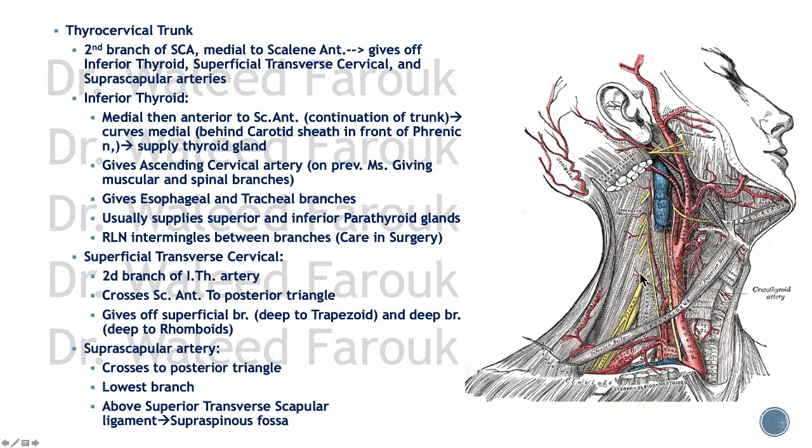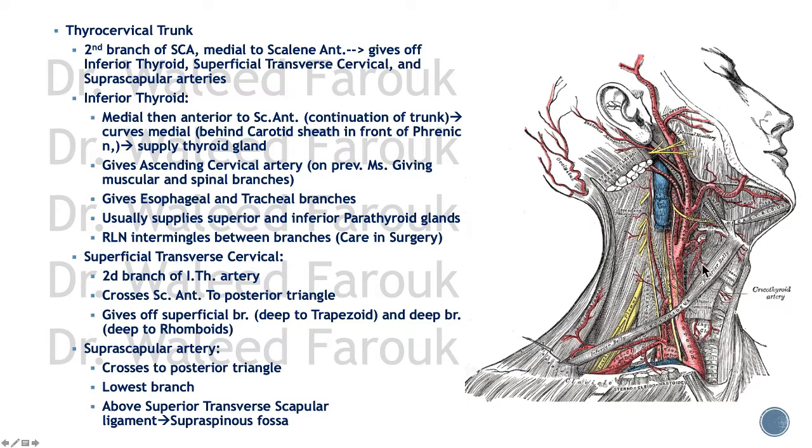This is very important. Always be careful in the surgical field not to cut important arteries that may put the patient in permanent hemiplegia, for example. So it gives off, we said, tracheal, esophageal, ascending cervical, and supplies eventually the thyroid gland.